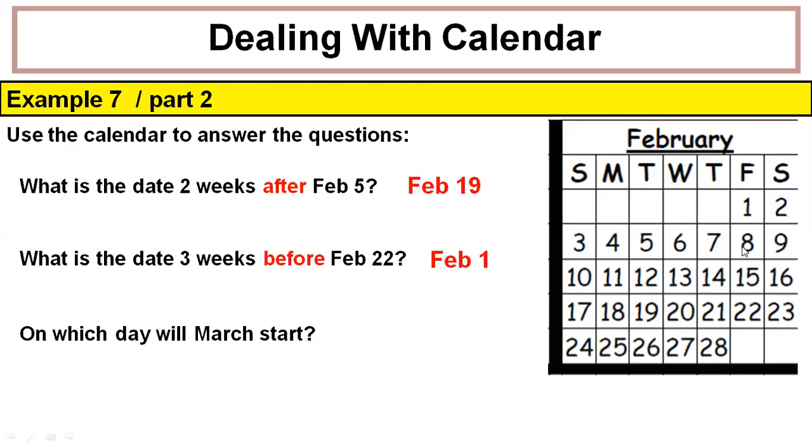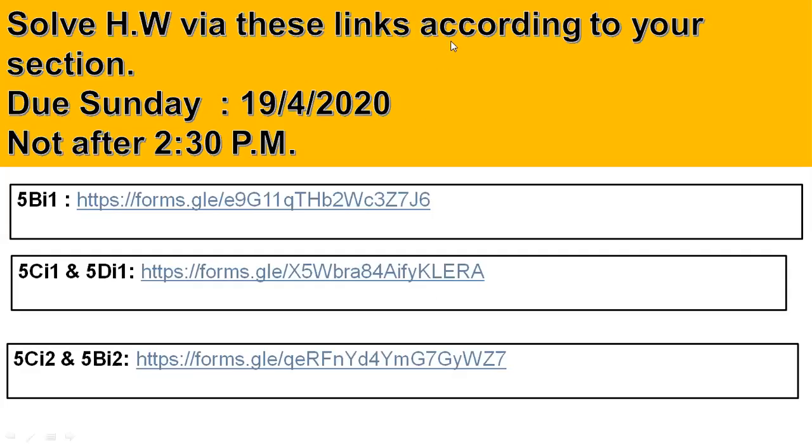So the last day of February is 28. The next day is going to be here. This is the first day of March. Which day is that? The 28th of February is actually Thursday. So after Thursday is Friday. So March will start on Friday.